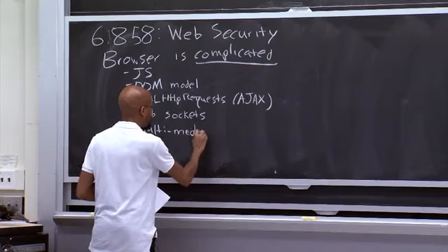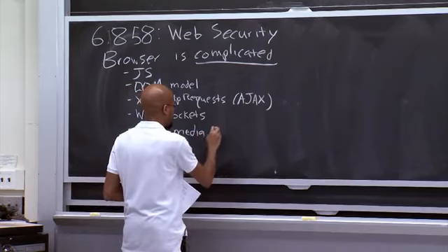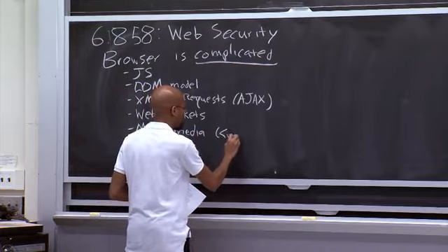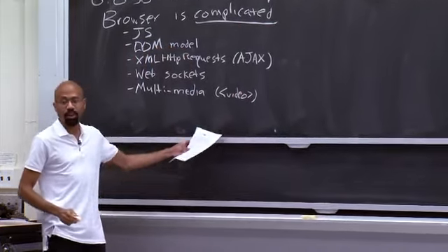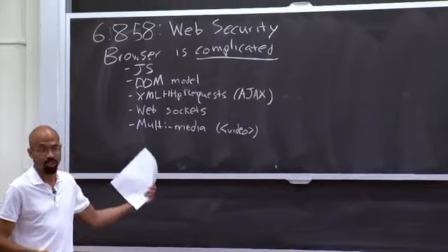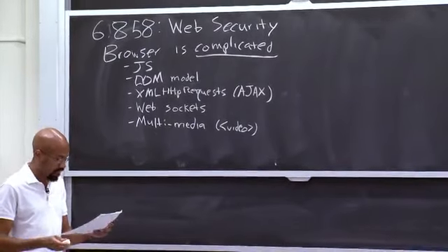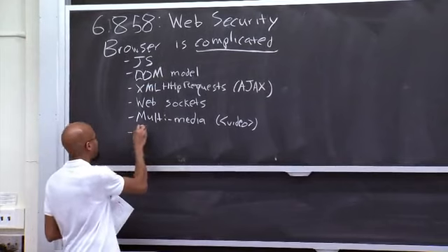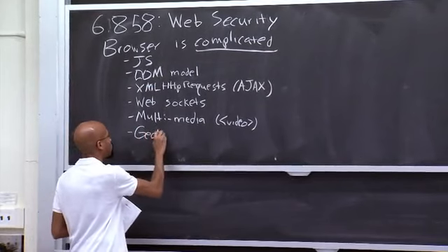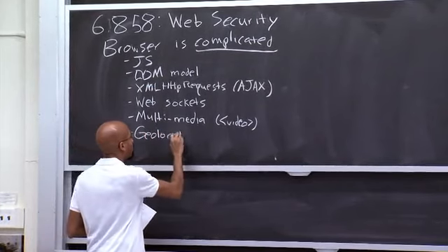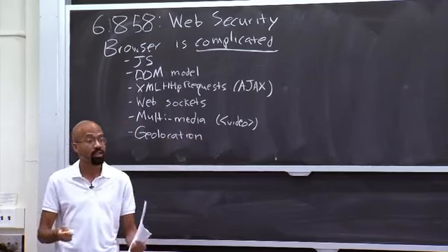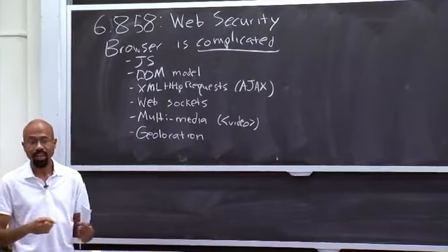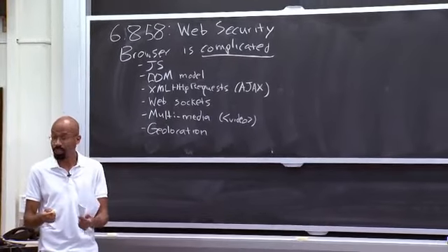We've got all kinds of multimedia support. For example, we have things like the video tag, which allows a web page to play video without using a Flash applet. It can actually just play that video natively. There's also geolocation. So now a web page can actually determine physically where you are. For example, if you're running a web page on a smartphone, the browser can actually access your GPS unit.